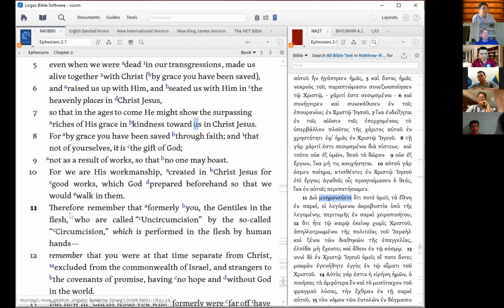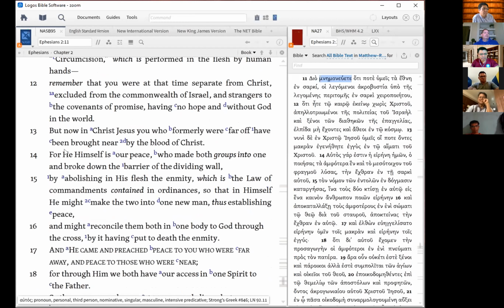But then notice verse 11. Therefore, remember that formerly you, Gentiles, you were at that time separate. And then he says, but in Christ, you who were formerly far off have been brought near. For he himself is, now note he does it again, our peace. First person.